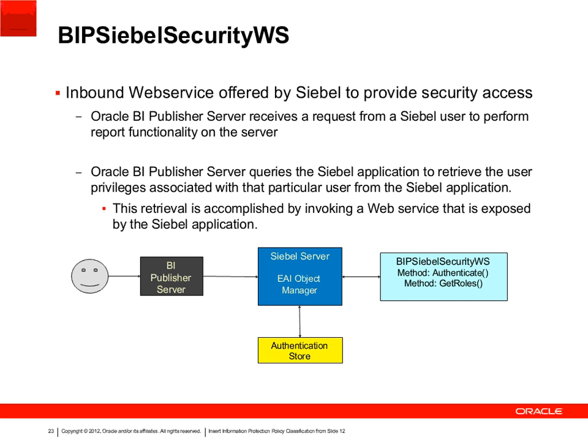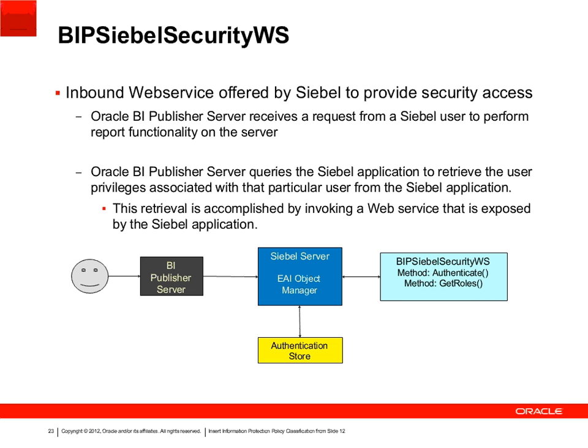Now, for this particular mechanism, BI Publisher invokes the EAI Object Manager. The EAI Object Manager in turn invokes the very important BIPSiebelSecurity web service. This web service verifies the user details and the roles and then allows report generation from the BI Publisher server.